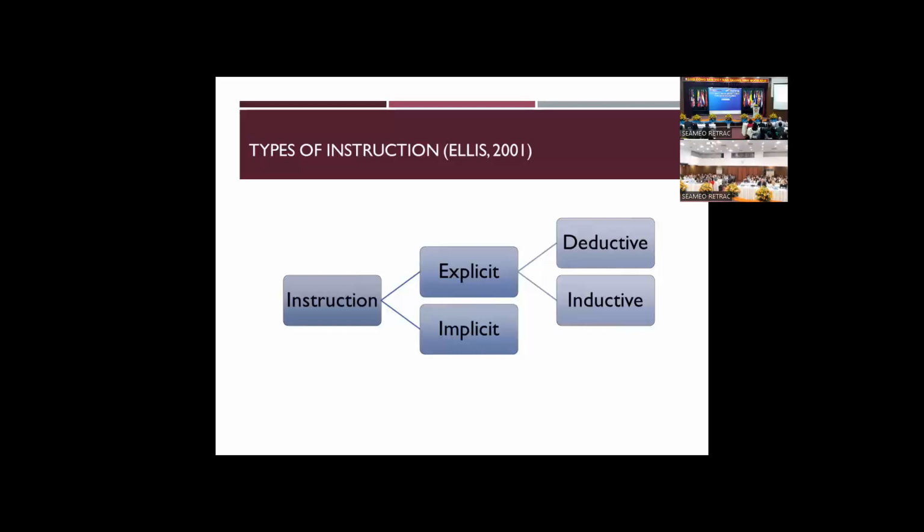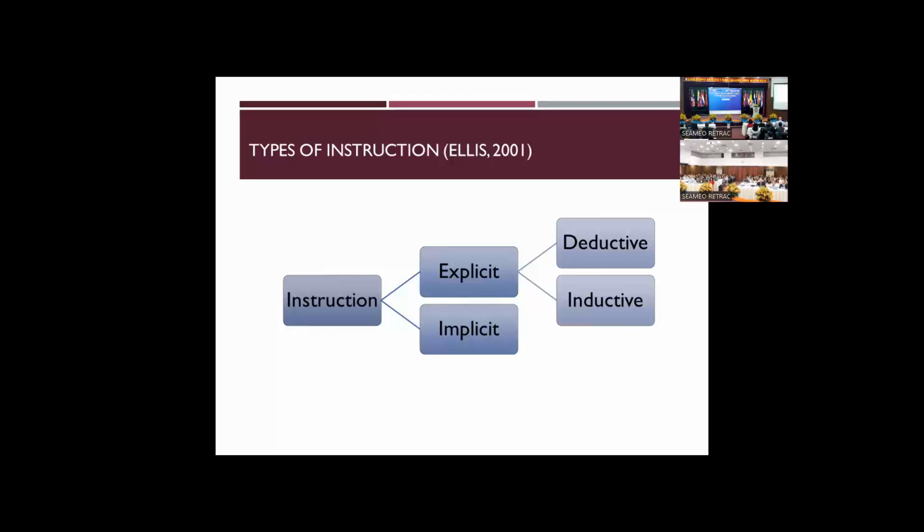Explicit instruction can be deductive. You give a rule, such as if you want to be very polite when you are requesting something, you can start off by saying, I was wondering if, etc. And you teach them the different ways in which they can make polite requests. Inductive is, again, explicit, but this time you don't actually give them rules.